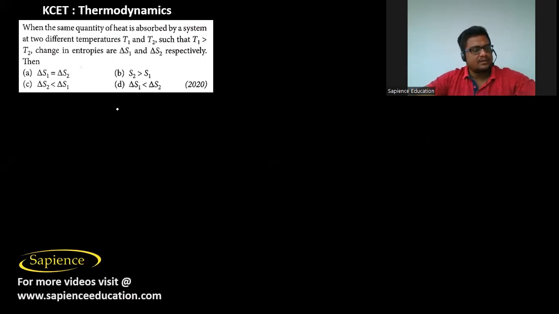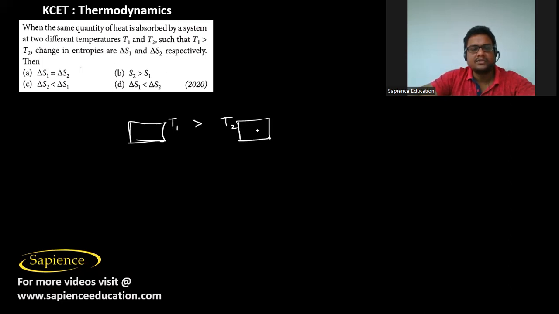Then it is told, when the same quantity of heat is absorbed by a system at two different temperatures, T1 and T2. So here T1 is more than, suppose, T2.